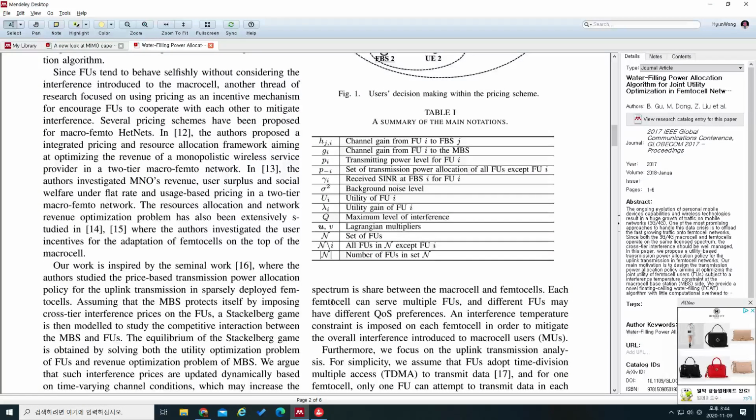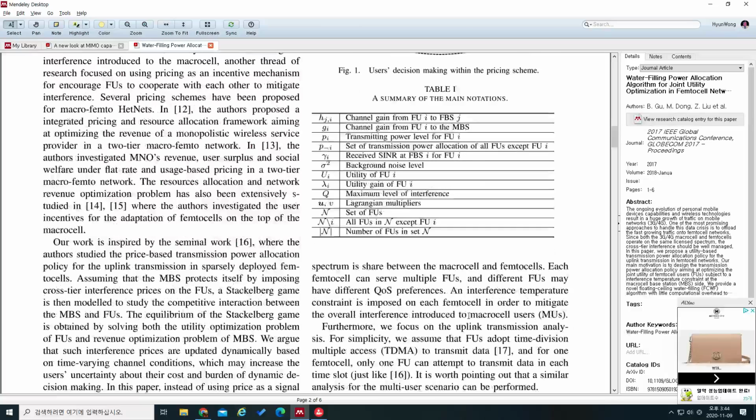Each femtocell can serve multiple FUs, and different FUs may have different QoS preferences. An interference temperature constraint is imposed on each femtocell in order to mitigate the over-interference introduced to macro users (MUs). Furthermore, we focus on uplink transmission analysis.